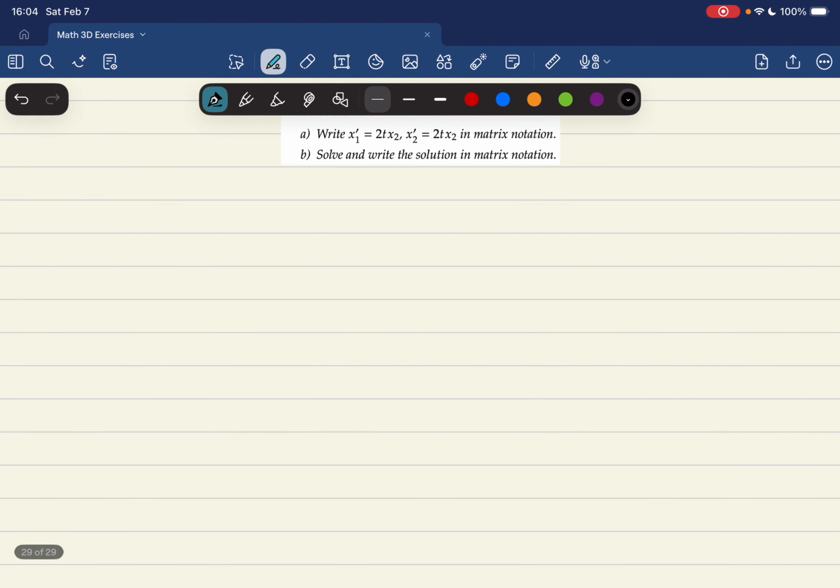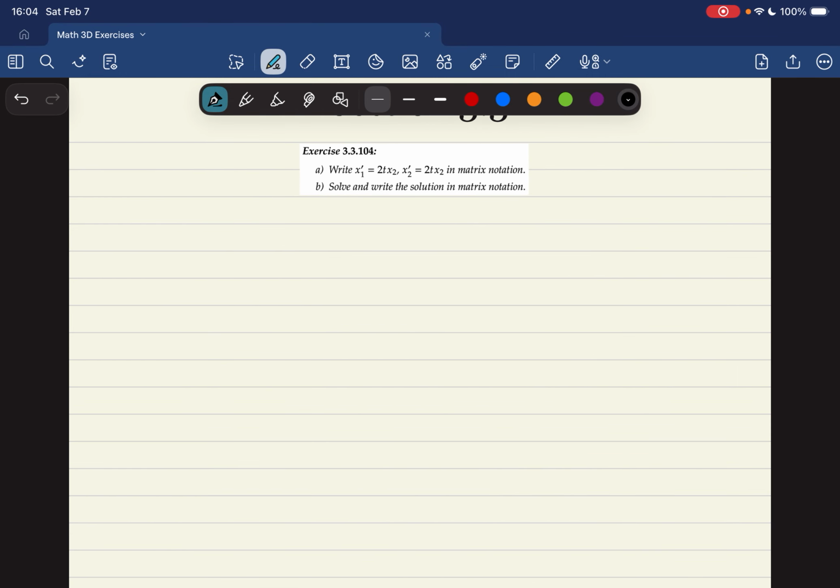Okay, so first for part A, we need to write this as a matrix, and to do this, one thing I find that really helps is to add all the variables that appear or that we need for our matrix.